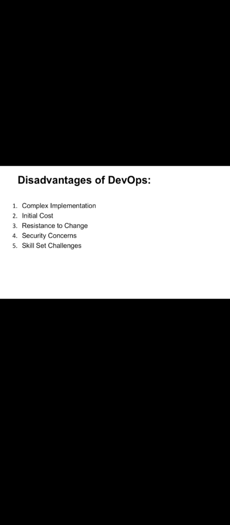Next one is skill set challenges. Adopting DevOps may require teams to acquire new skills, and there may be a shortage of professionals with the necessary expertise. Only experienced engineers can be suitable for DevOps. To become a DevOps engineer, we should be aware of all these DevOps tools, and we should be well skilled.